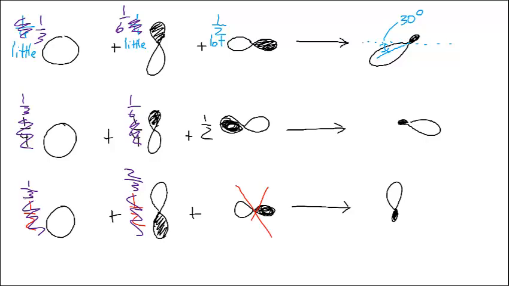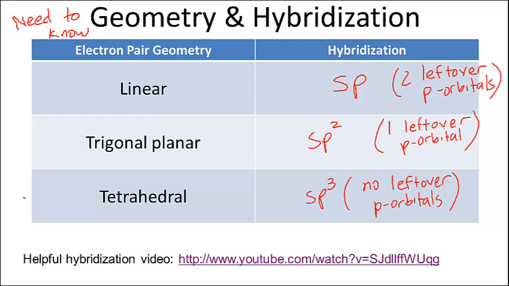So the question is about if you have atoms with more than 4 domains. My slide here that I said you need to know only has 3 of them. And thankfully, the AP people actually got rid of the insistence on making you know hybridizations for things with more than 4 domains, because there's a fairly good consensus among chemists that those hybridizations, which you may have learned in honors chem, are not a good model.